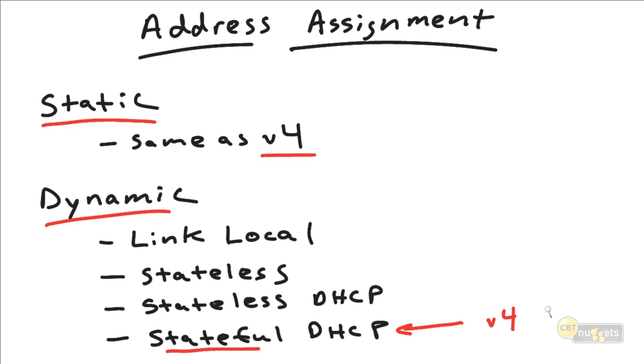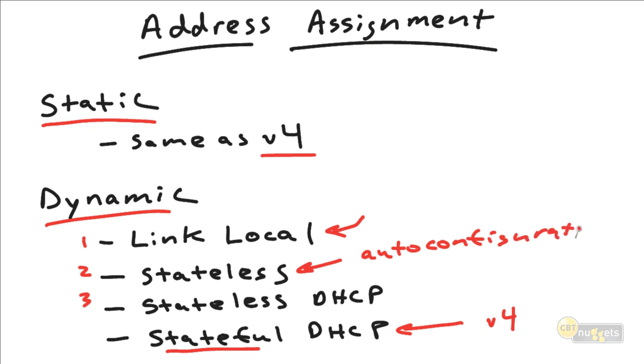Now, some uniqueness. The three methods I have here, 1, 2, 3, would be very unique from a v4 world, right? Number one, we remember the link local. That link local address that gets automatically created for communicating just on the local link. And then there's the stateless auto configuration that we talked about earlier.